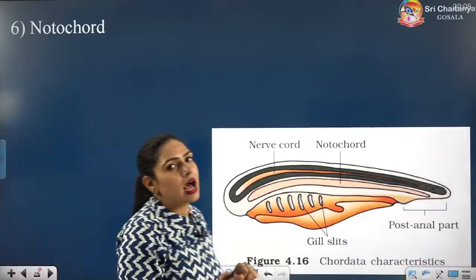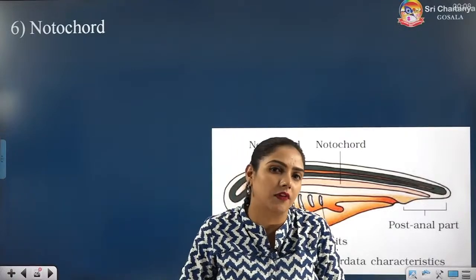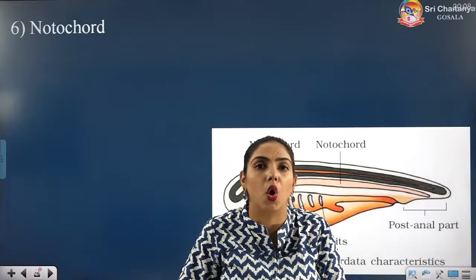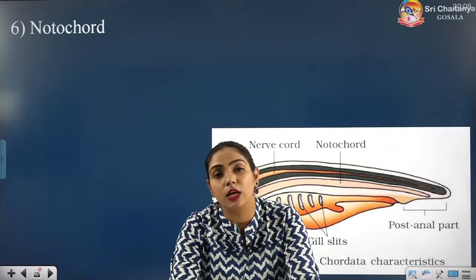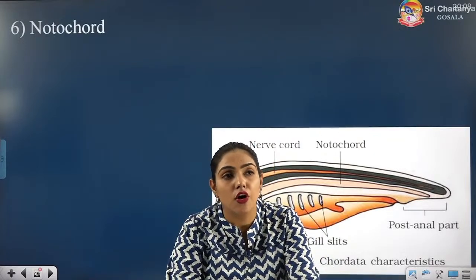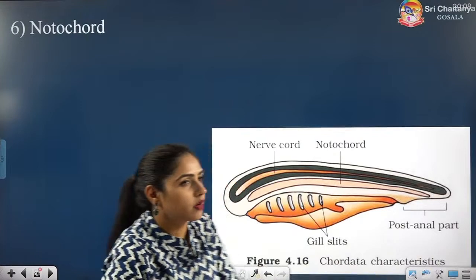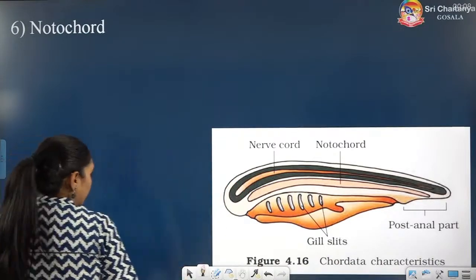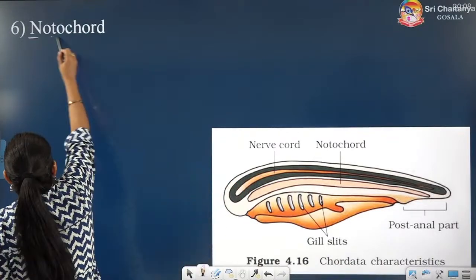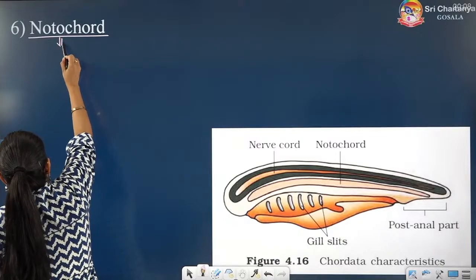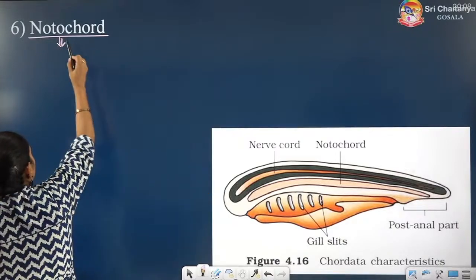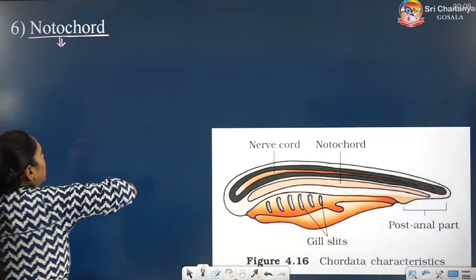Coming to the last point in the basis of classification, that is notochord. Just like coelom, notochord is also formed by the mesoderm. So, notochord, can you see chord here, C-H-O-R-D, chord?